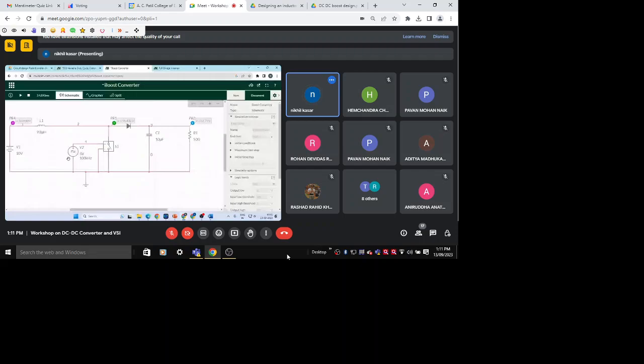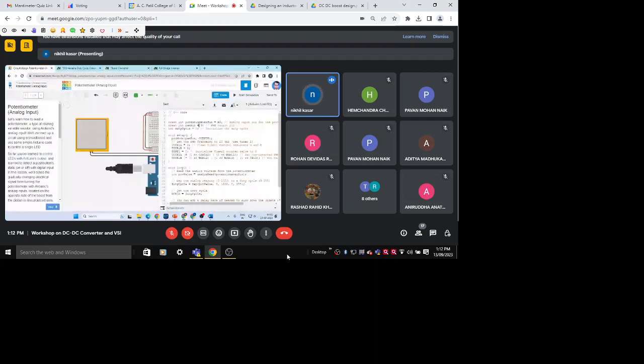Okay. PWM at pin number 9 with duty cycle, you can see here, based on the voltage value. So 0 to 255, these values are used as duty cycle. What is 0? 0 is zero duty cycle, and 255 means 1.